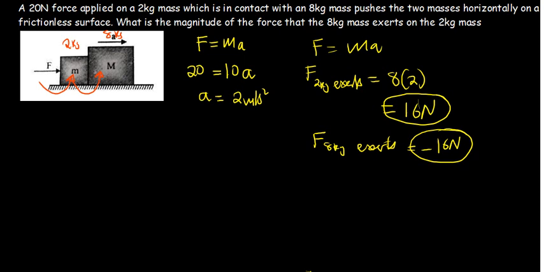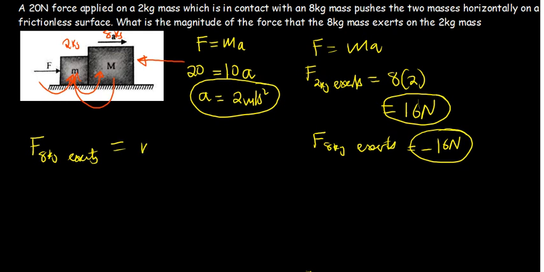Now, if the force was applied in the other direction, and you want to see what force each block exerts on the other, since the blocks are in contact, the acceleration will still remain the same. But in this case, the 8 kg mass is going to exert a force on the 2 kg mass. So the force is mass multiplied by acceleration.